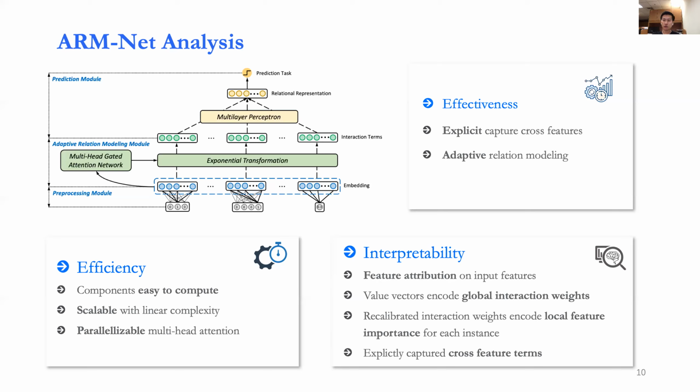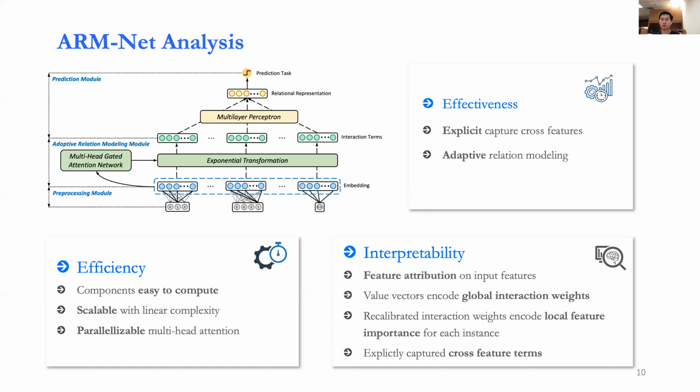Each exponential neuron has a value vector, and it encodes the interaction weights globally over the whole data set. Therefore, the value indicates the relative global importance of each input feature for the corresponding neuron. So we can aggregate these importance values over exponential neurons to obtain global feature importance.